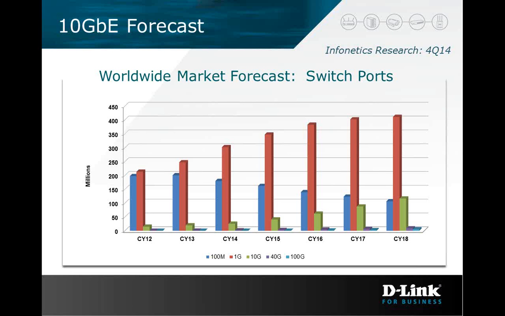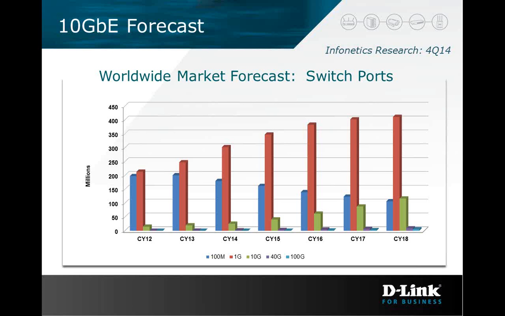The vertical bars, the blue bars is 100 megabit. 100 megabit is on a downward trend, and that's no surprise, but still fairly substantial. If you look at this year, 2015, still worldwide 150 million ports of 100 megabit Fast Ethernet. And that's really, again, no surprise. Companies like D-Link and others, we still ship a lot of Fast Ethernet switch ports today.